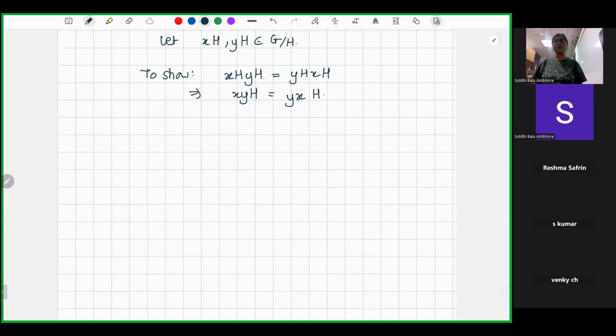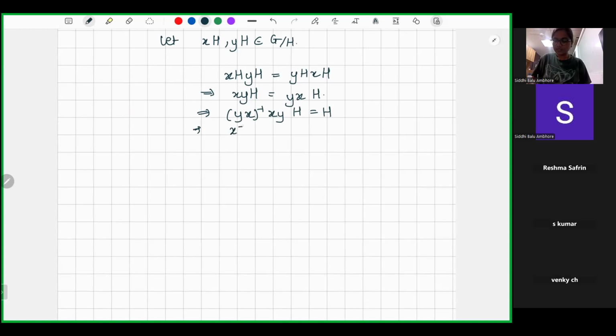But note that if we have this, then this will give me that y x inverse x y is equal to H, right?